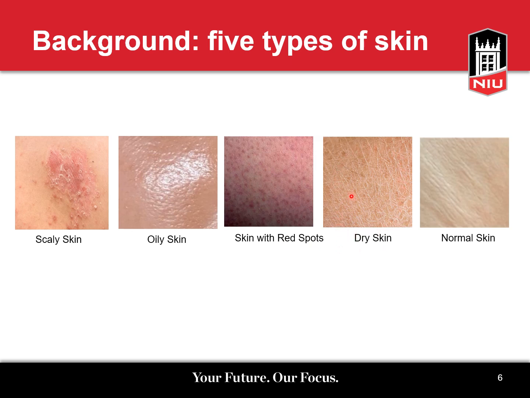Sometimes skin with red spots can be confused and mixed with skin with acne, and for oily skin you may also find acne. So it's a complicated problem to identify one single person's skin type. Maybe just one, or maybe a mixture of different types.